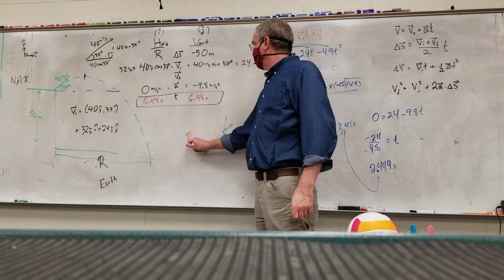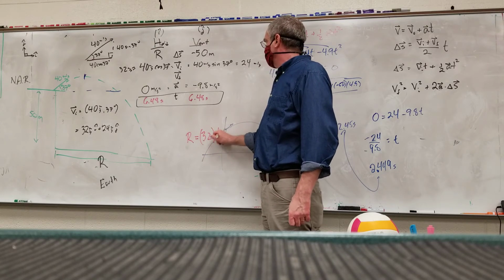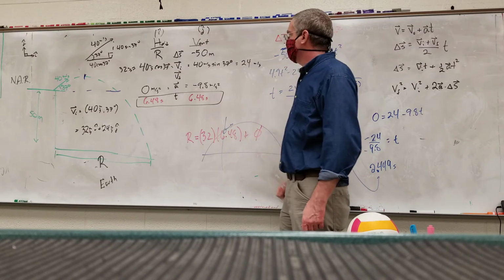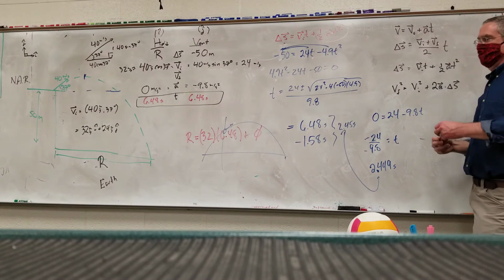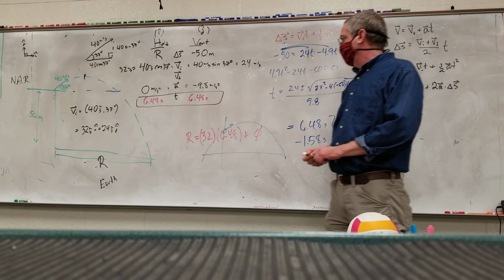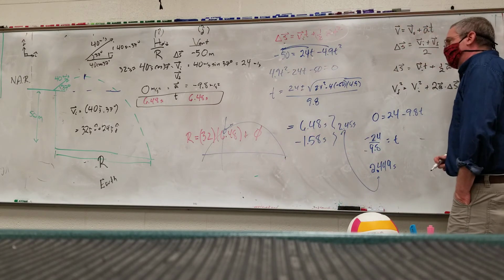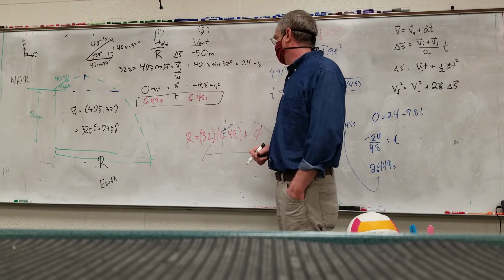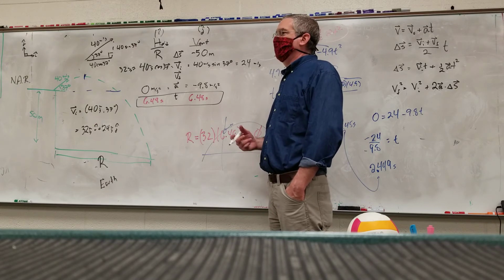So we have R equals 32-ish times 6.48 plus 0. There is this other piece right here, but acceleration is 0, so I don't care what the rest of it is. So something bigger than 180, less than, how about 191? 207.